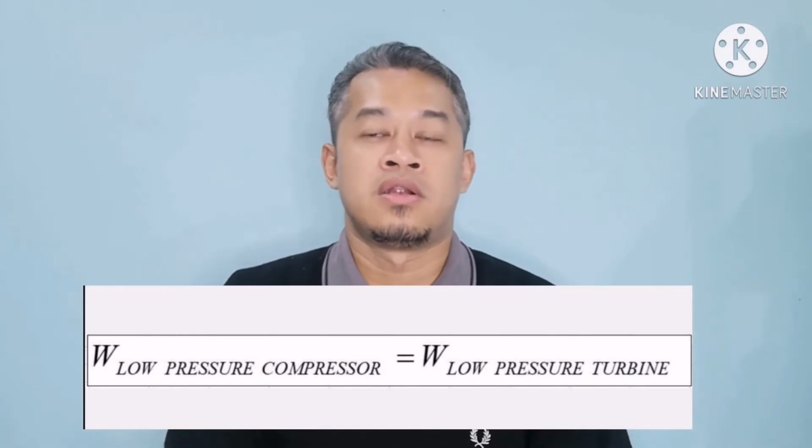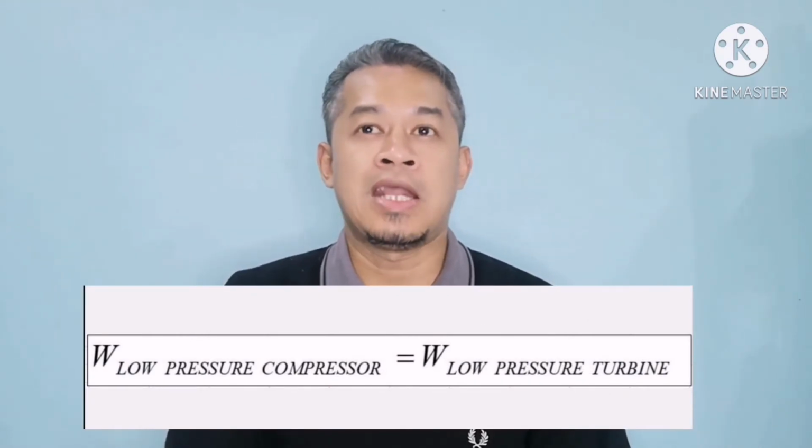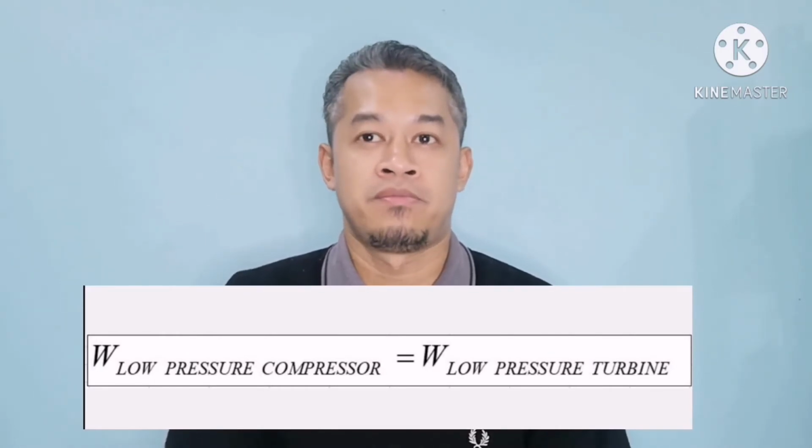The fan, or low pressure compressor, LPC, is generally driven by the low pressure turbine, LPT, assuming that there are no other devices powered by the low pressure turbine. The law of conservation of energy gives that the work required by the low pressure compressor will be equal to the work produced by the low pressure turbine.